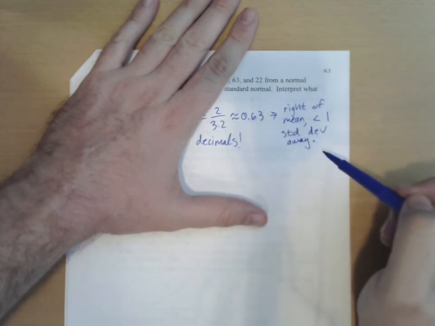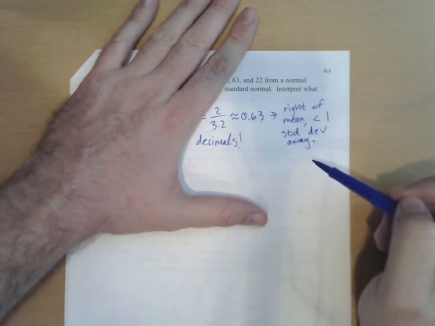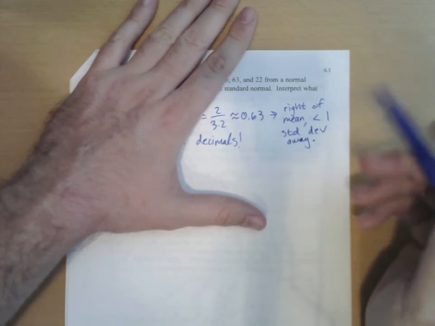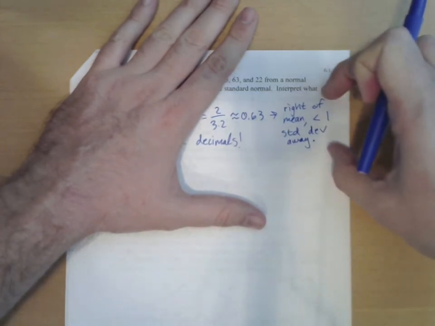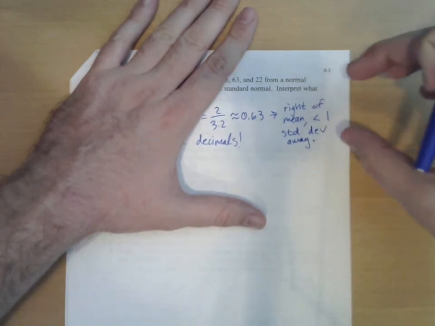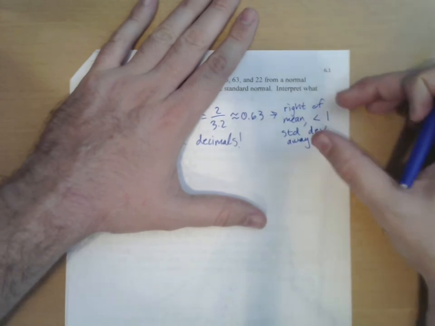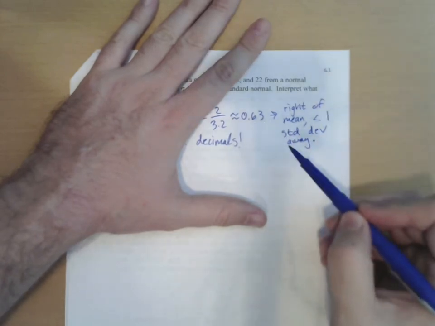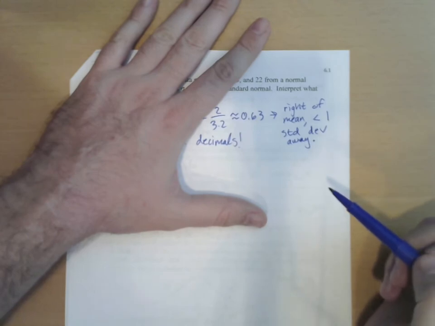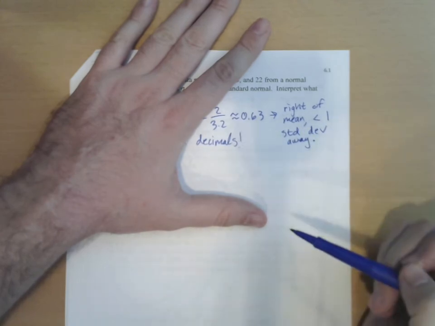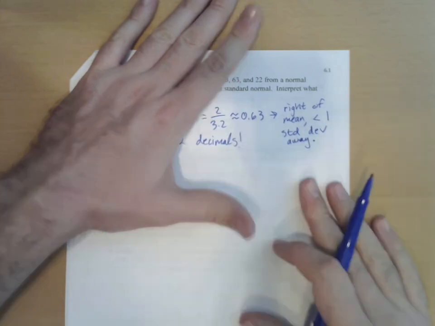You don't need to know any of the values. And that's the point of the standard score, it tells you the relative position in terms of standard deviations. Oh, 0.63, we're to the right of the mean, and we're less than 1 standard deviation away because we haven't hit 1 yet on the standard score. That's the point of the z-score.